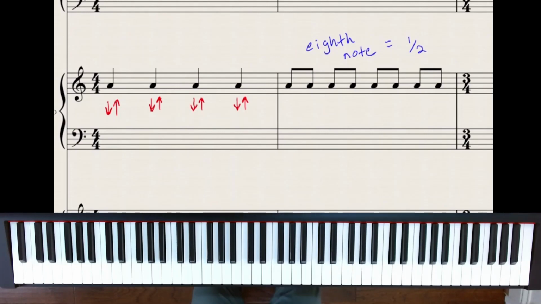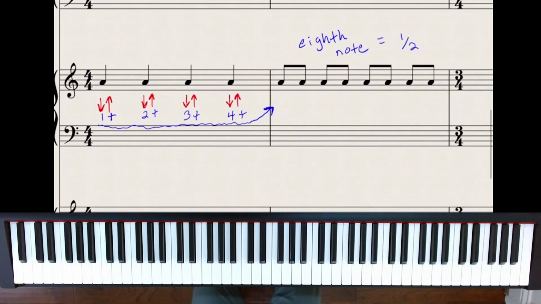So here we have, the way you would say this is 1 and 2 and 3 and 4 and. Okay? And so what we're going to do is just transfer this up here. And when we tap our foot goes down for the first eighth note.